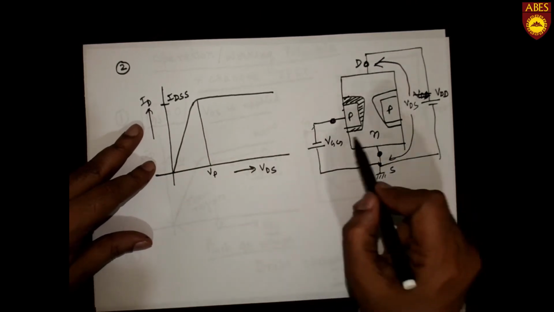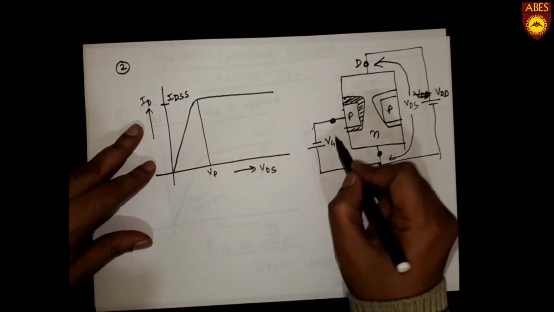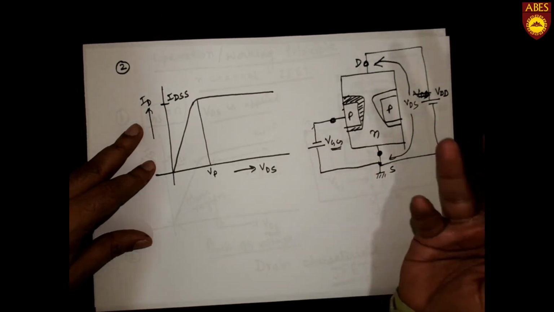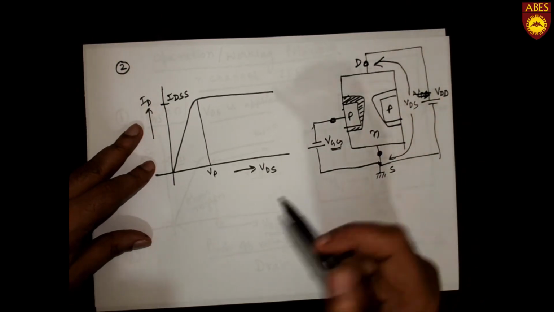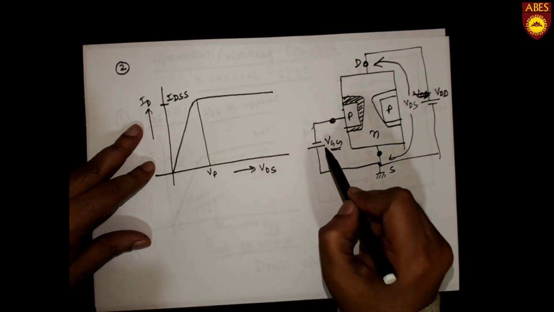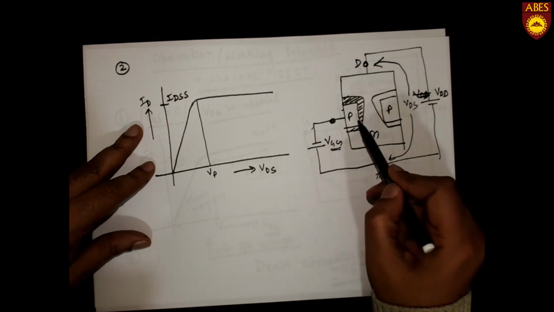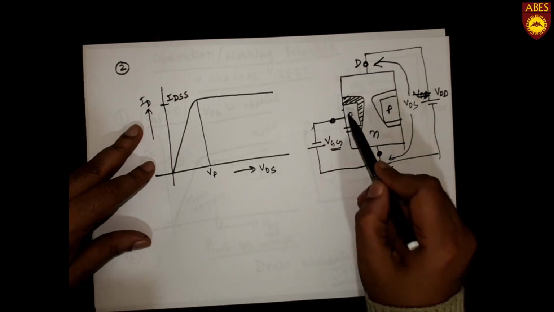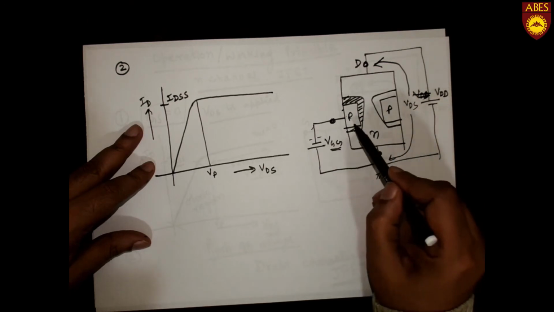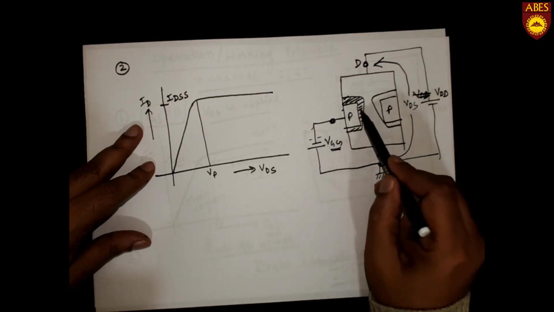Now if some gate voltage VGG has already been applied, then what will happen? This gate voltage is reverse biasing this PN junction. We can see that the negative terminal is connected to P, so this is reverse biasing this junction.